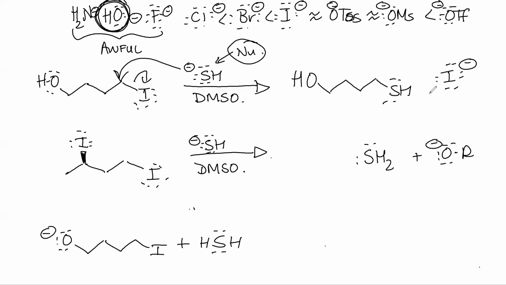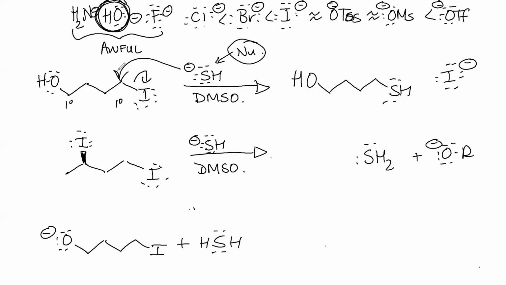So it's quite happy being a good leaving group. So this is one example where you can compare along the continuum of what's a good leaving group and which is a bad leaving group. And this comparison is good because both of the leaving groups are on primary carbons.